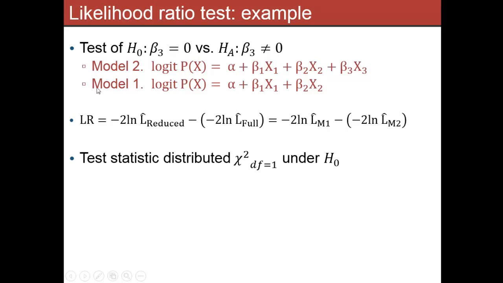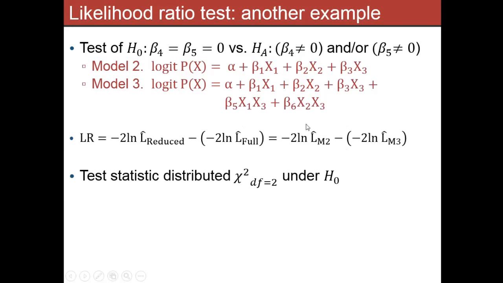I'm going to run a second proc logistic command on this model, and I'm going to get a different -2 log likelihood. I'm going to compare them, and that's a chi-square 1 test under the null hypothesis that this is 0. Okay, so that's the idea. You actually have to run proc logistic twice.